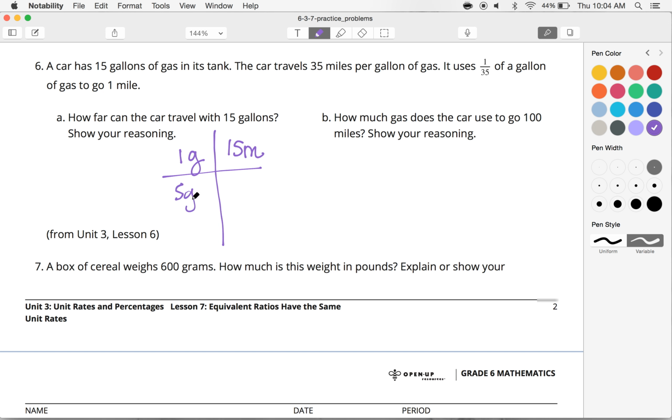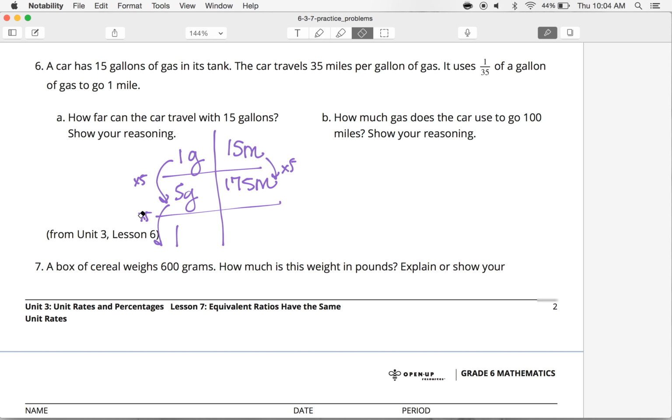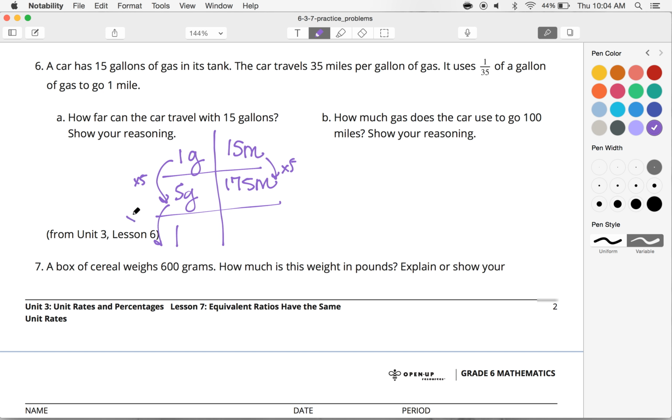And then, not times 5, times 3, gives me 15 gallons, so it's 525. So I can go 525 miles.